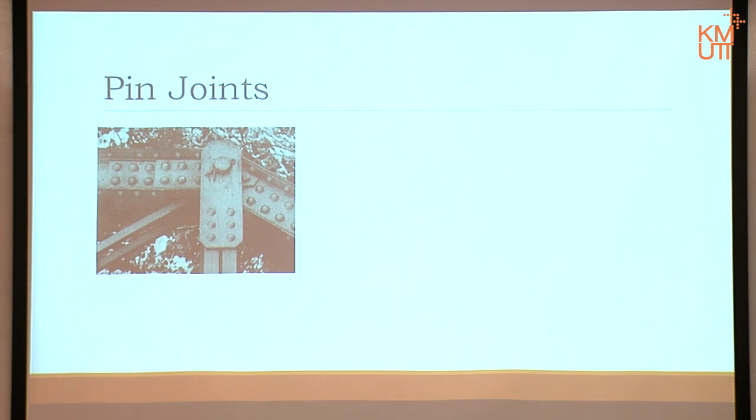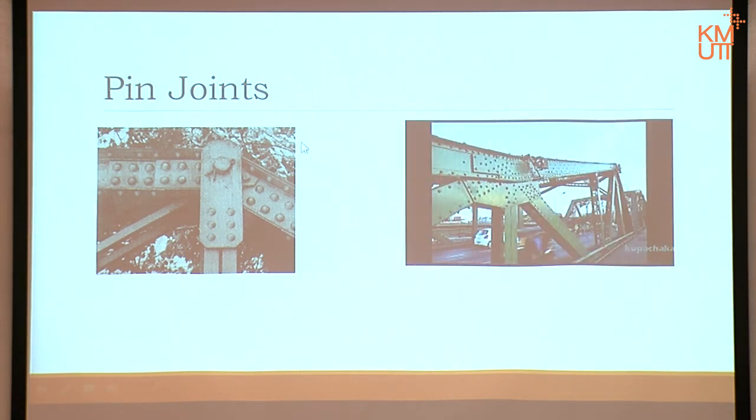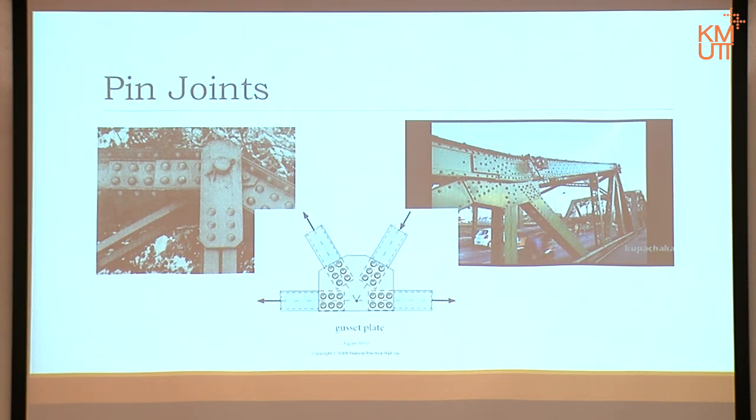Another type will be like that, again rivets. The idea is that once you do not weld it, you just bolt it together, it can move slightly. That is simulating the ability to rotate. In our design, that is the way we look at the joint.